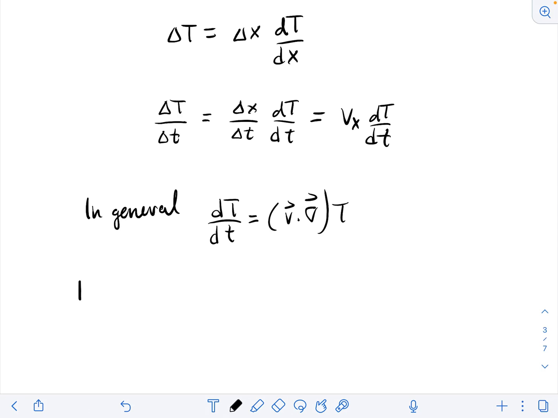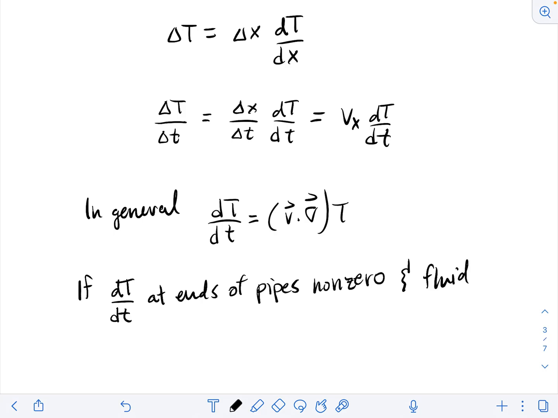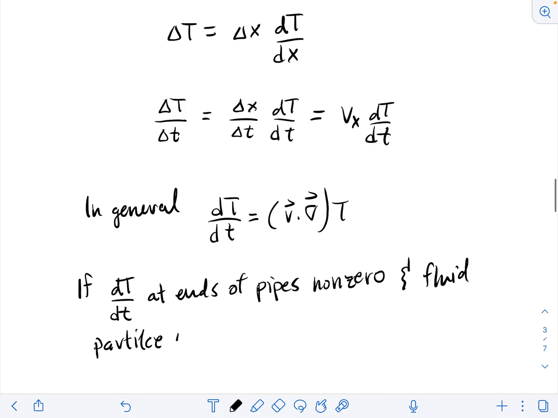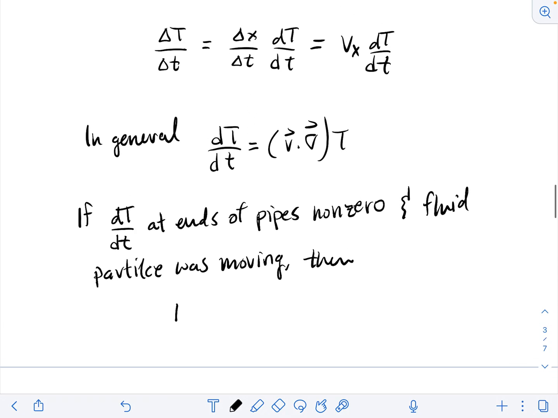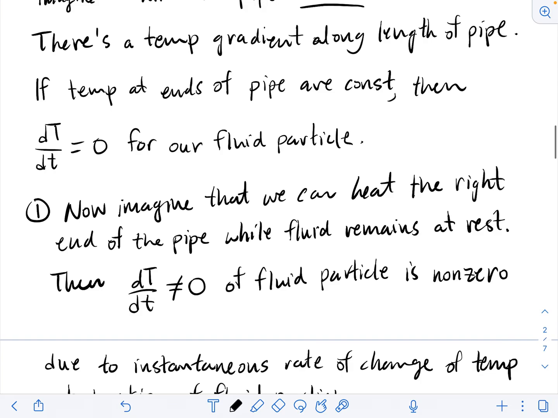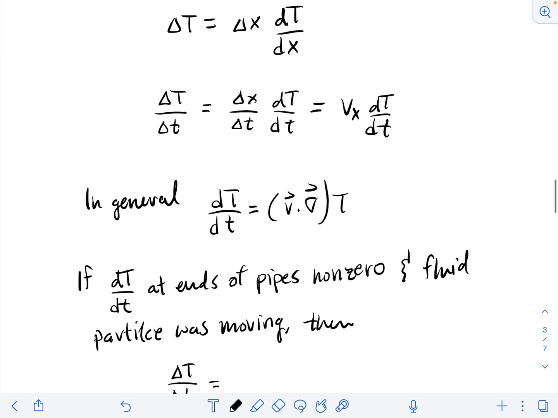So if we had dT/dt at the ends of the pipes non-zero, and the fluid particle was moving, then we would have that, let's see, dT/dt would be equal to, well, our first term would just be the instantaneous time rate of change at the position of the particle.